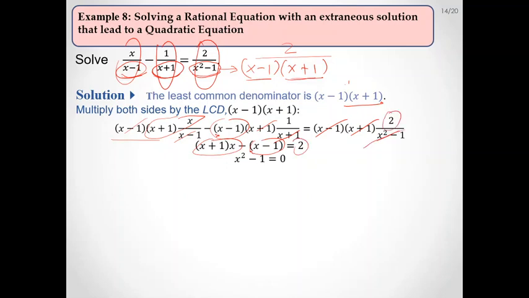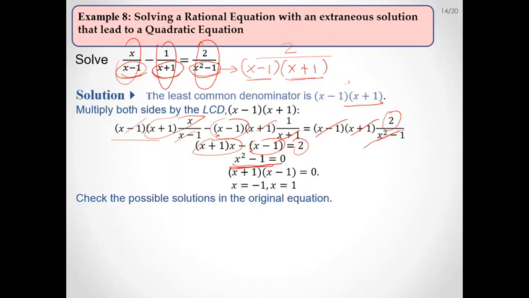So after expanding them, you get this equation here, x squared minus 1 equal to 0. You can do the intermediate steps, check them, and then when you factor this, you get 2 roots, one is minus 1 and the other is 1, and we check the possible solutions in the original equation.